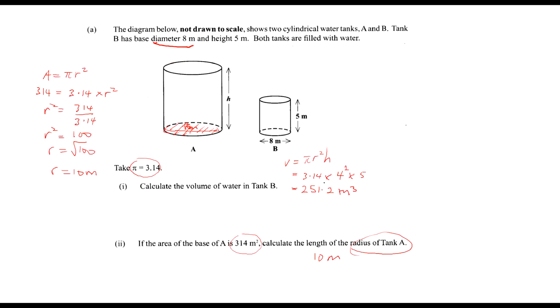Now they said tank A holds 8 times as much water as tank B. So when they're talking about 8 times as much, they're speaking about volume. So for tank B, the volume we got was 251.2 meters cubed. So therefore tank A will hold 8 times as much.